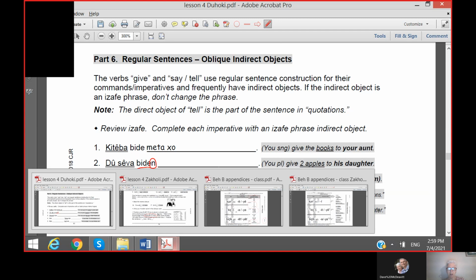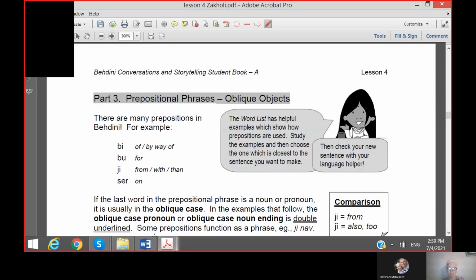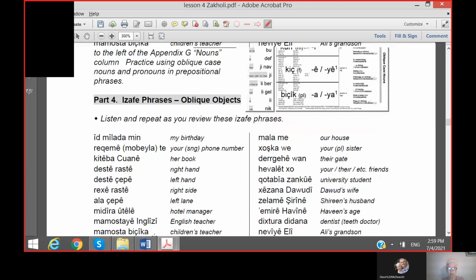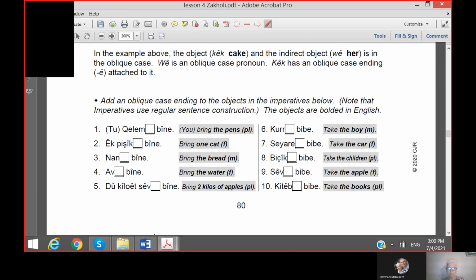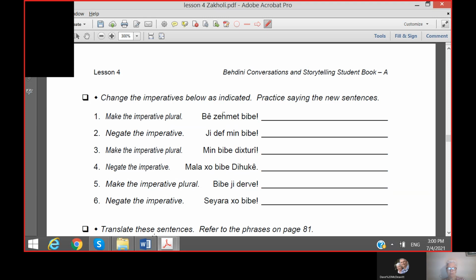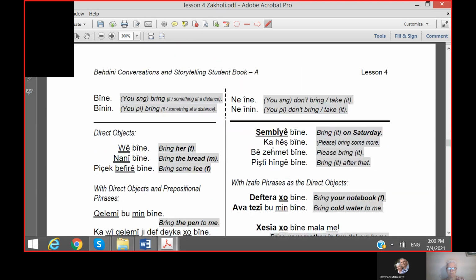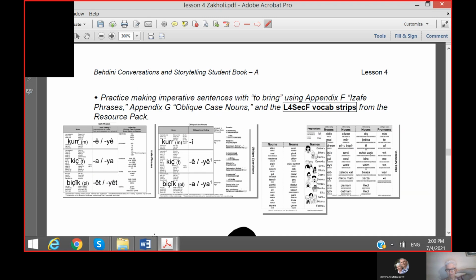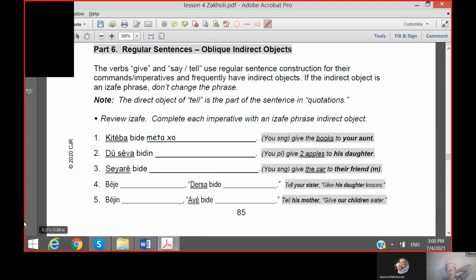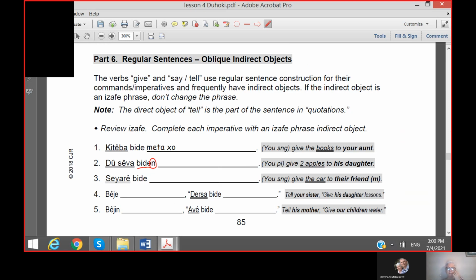In Zaholi dialect, it's bidin. Now you're going to say his daughter. Du seva bidden.